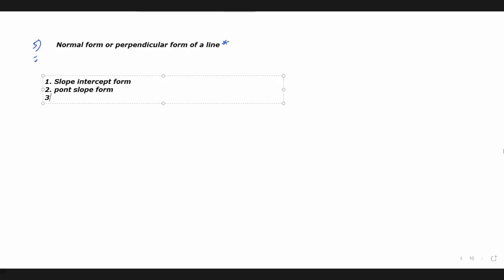Third was the 2-point form. Fourth was the intercept form. And fifth will be the normal form or perpendicular form.